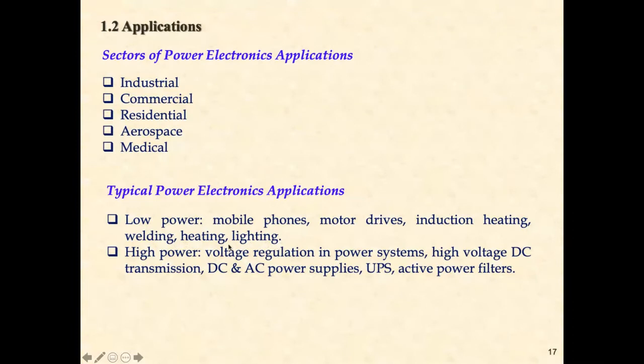And then welding, heating, and lighting. Those belong to low power electronics applications. Regarding the high power applications, it's also very easy for us to imagine, right? Power transmission and distribution should belong to the high power level applications.